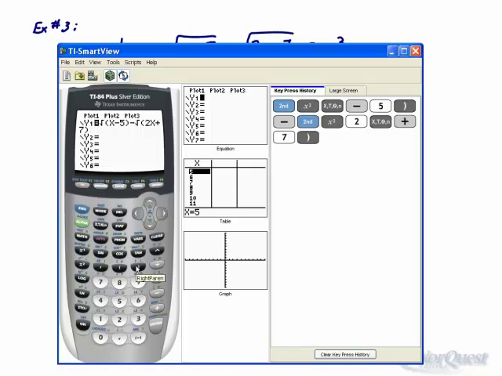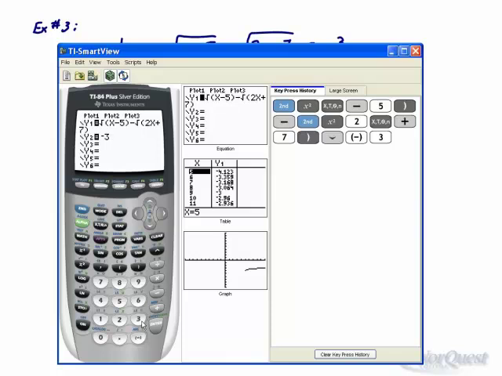So that's equation 1. And equation 2 is negative 3.